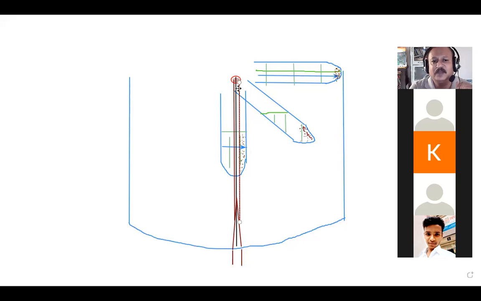The rotor is screwed in place very tightly. See, we are not changing the position of the rotor. We are changing only the position of the holders in which the tubes are kept. Is it right? Yes, sir. Okay.